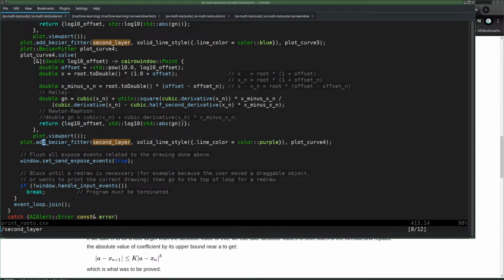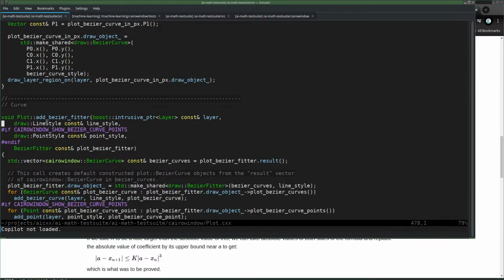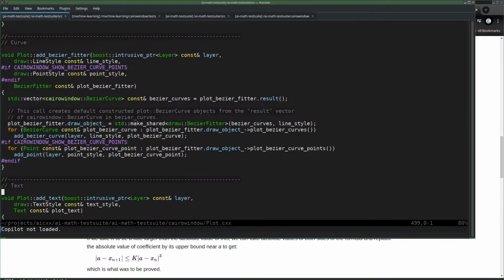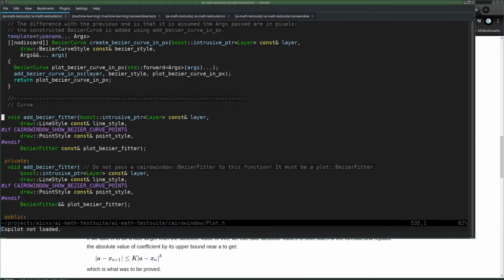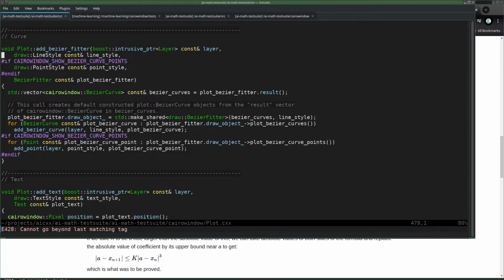Okay, let's see, add Bezier fitter, what does it do? So we get all the Bezier curves.